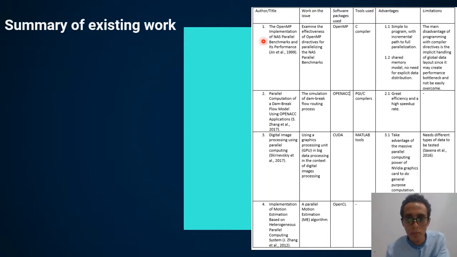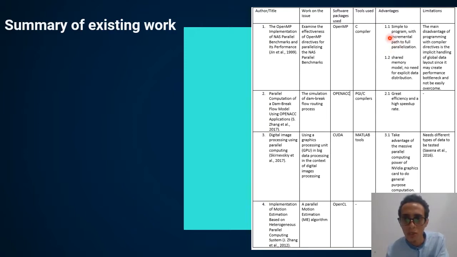The first paper was on the topic, the OpenMP implementation of NAS parallel benchmarks and its performance. This research was carried out by Jin in 1999. It's quite old. He worked on the issue of examining the effectiveness or efficiency of OpenMP directives for parallelizing the NAS parallel benchmarks. He used OpenMP as a software package, and a C compiler as a tool.